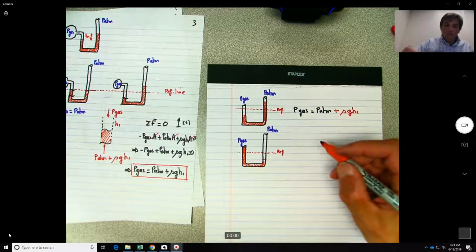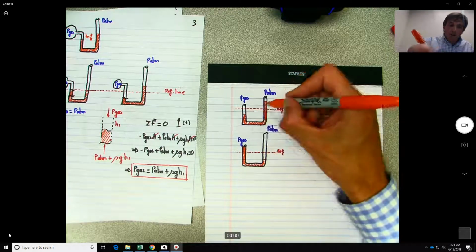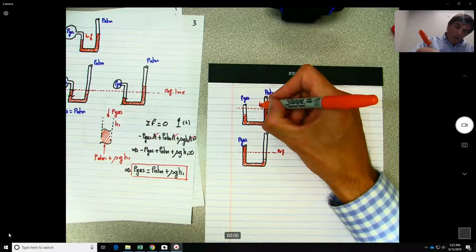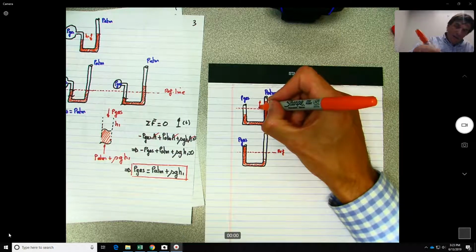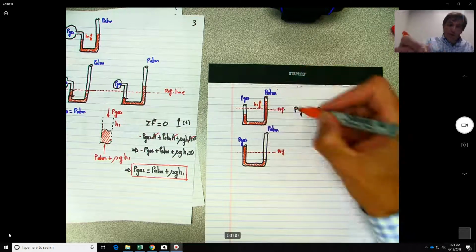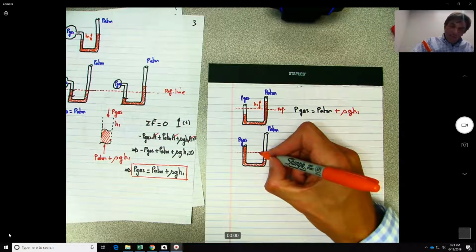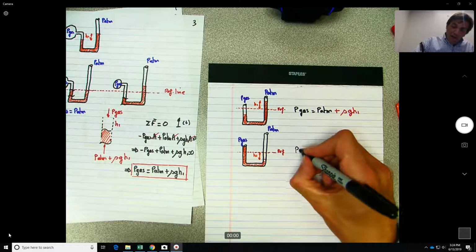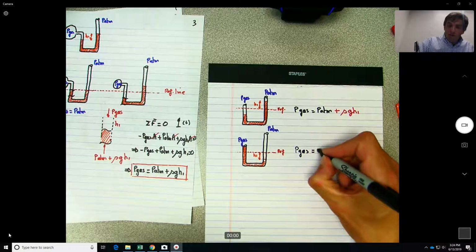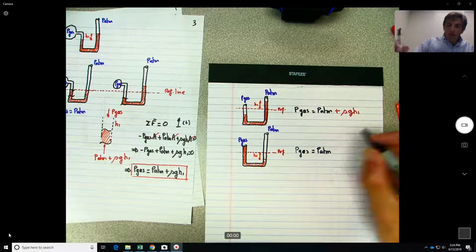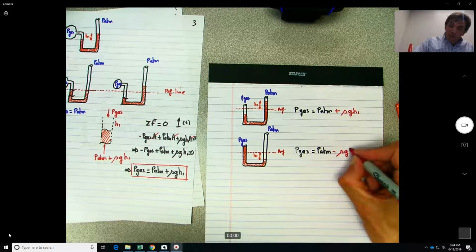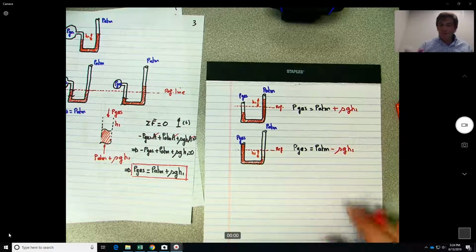Okay, so here, let's see, the liquid went up H1, and in this case, the liquid went down H1. And for this case, we had that P gas was equal to P atmosphere minus rho g H1. Okay?